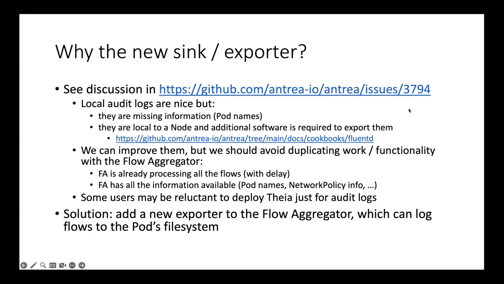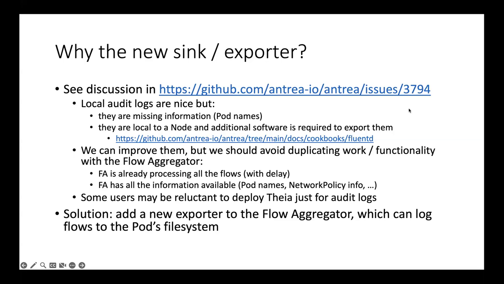I have a question about the audit logs. So if a connection is blocked, it will appear in the audit logs, but if that connection is blocked, will it appear in the flow aggregator data? Yes, with the same caveat here that for those connections, the information, if I recall correctly, comes from OVS directly using a packet-in message.